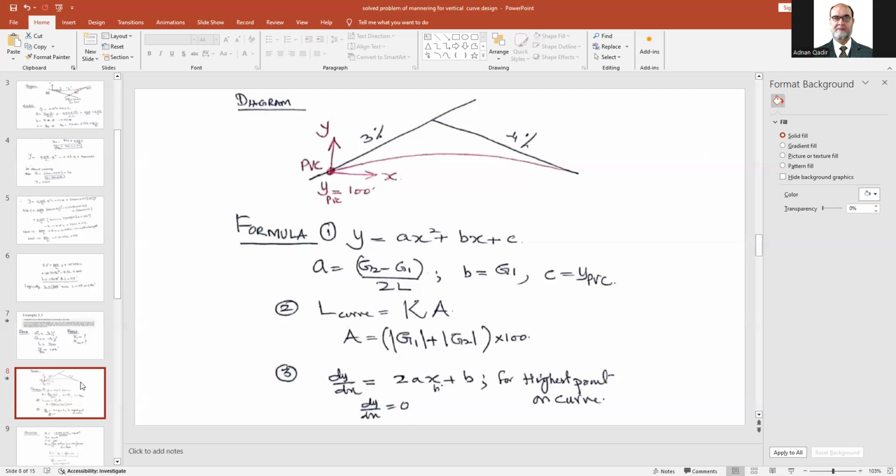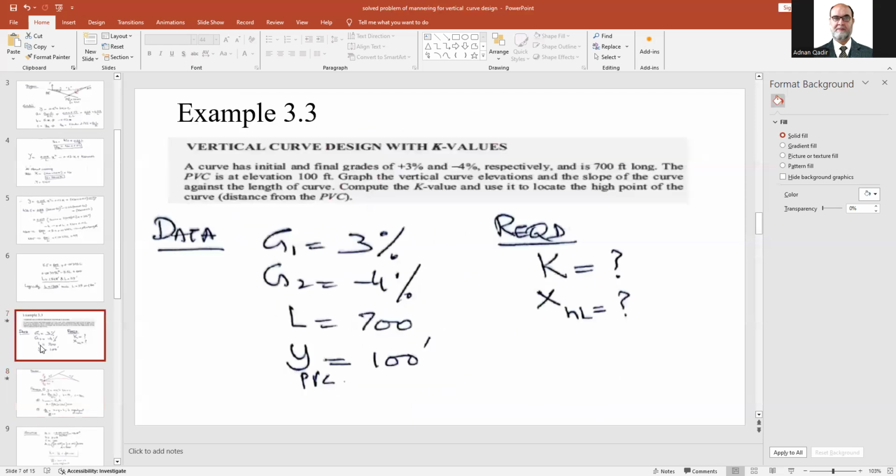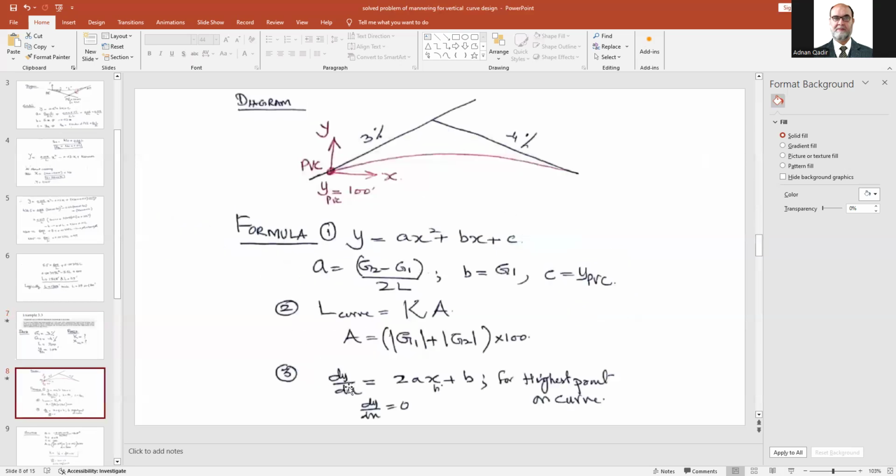So I've clarified the equation in such a manner. For instance, G1 is 3%, so it is 0.03. G2 is minus 0.04, because it's 4%, but the value is 0.04. What I'm trying to say is you have to write 0.03 here, minus 0.04 here, then add it and multiply by 100.